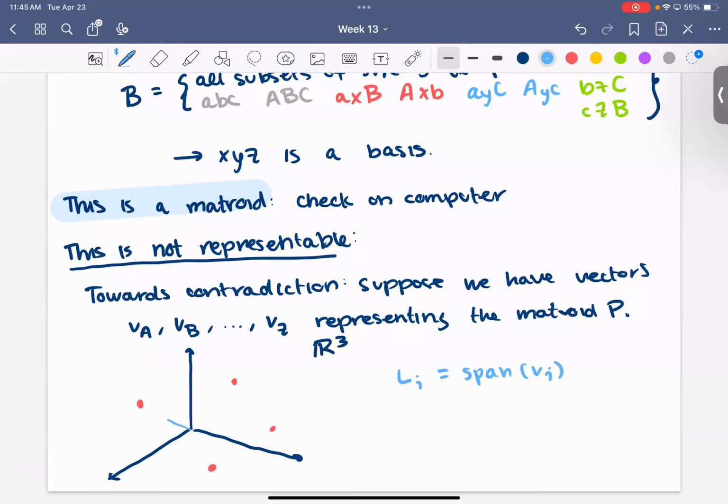So draw a line through the origin through each of these points. This is finitely many lines, so I'm going to pick a plane N that's not parallel to any of them.